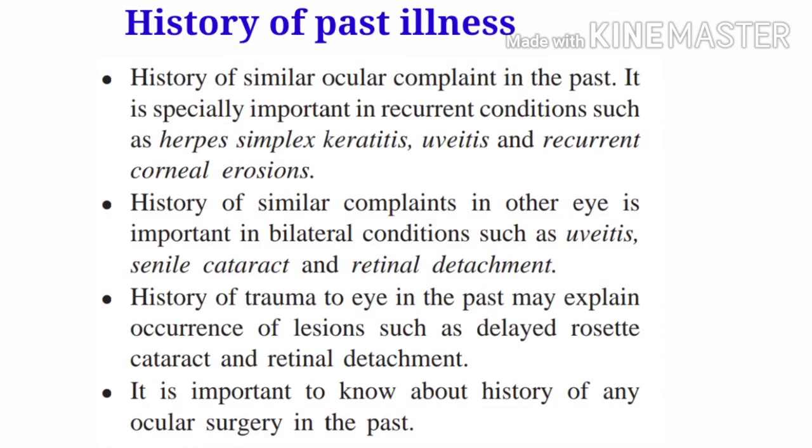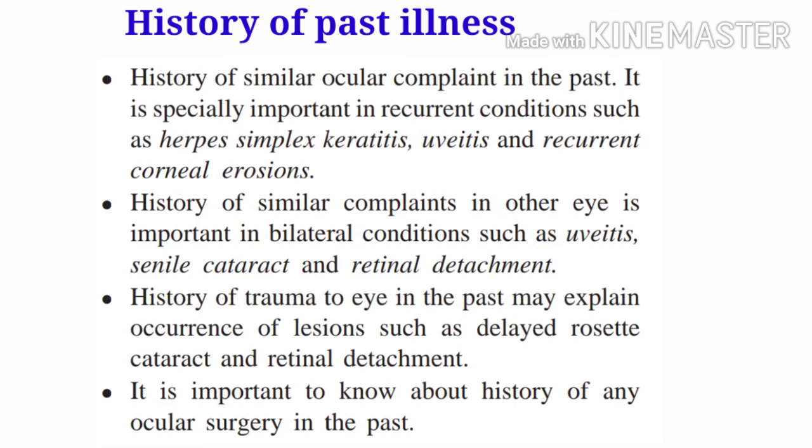Now the next point is history of past illness. A probe into the history of past illness should be made to know the history of similar ocular problems in the past. It is especially important in recurrent conditions such as herpes simplex keratitis, uveitis, and recurrent corneal erosion.